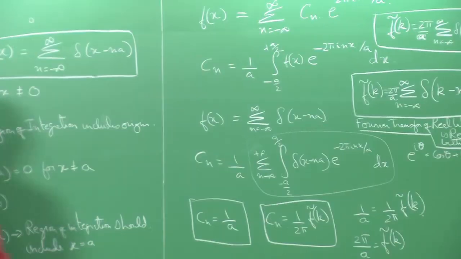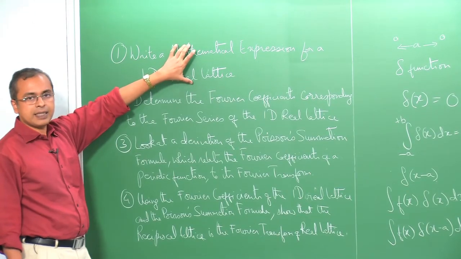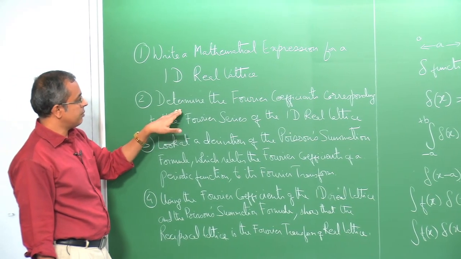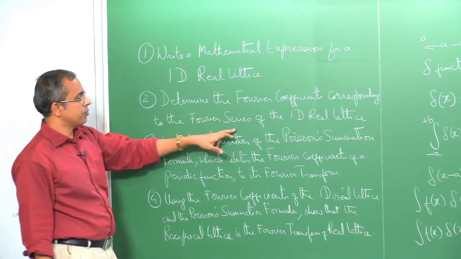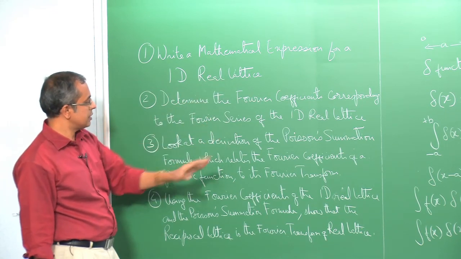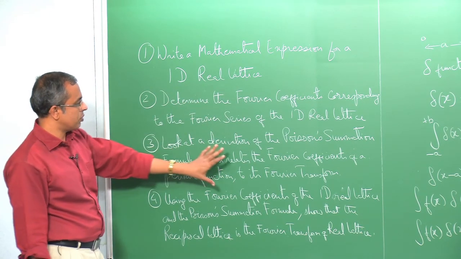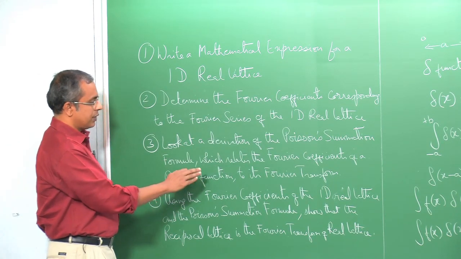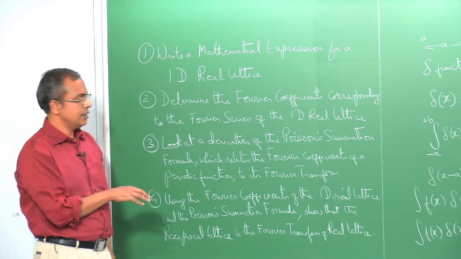So, just to sum up, we started by first writing a mathematical expression for a 1D real lattice, then we determined the Fourier coefficients corresponding to the Fourier series of this 1D real lattice. Independent of that, we looked at Poisson's summation formula, which related Fourier coefficients of a periodic function to the Fourier transform of that function.